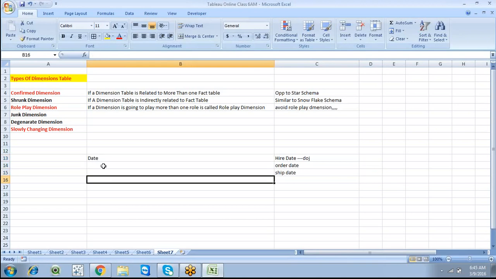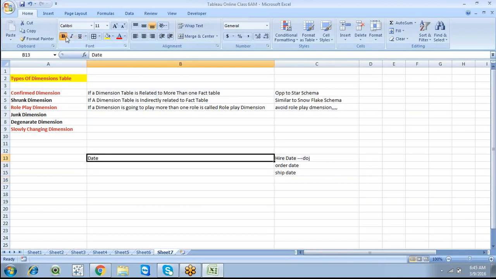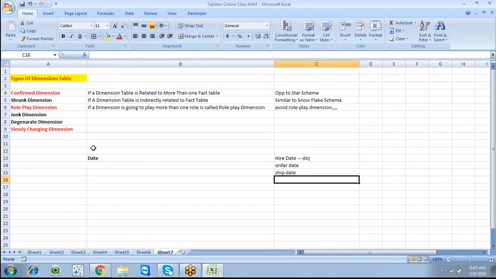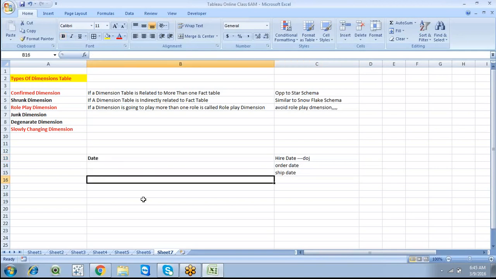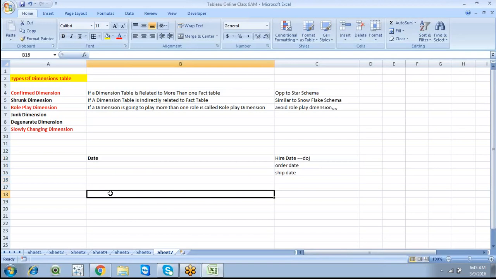But if I have only one particular date column in my database, and every time I use it as an order date, ship date, start date or end date, it shows only as date. You have a start date, but in my reporting it shows just a date.